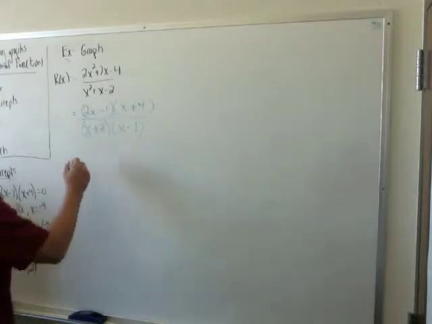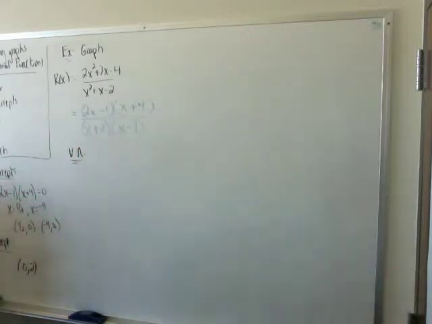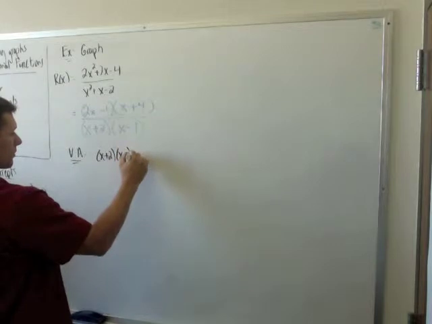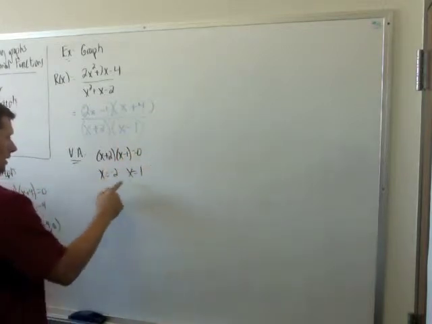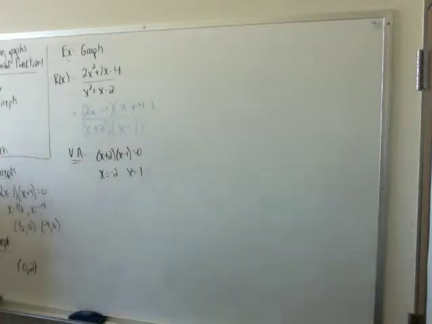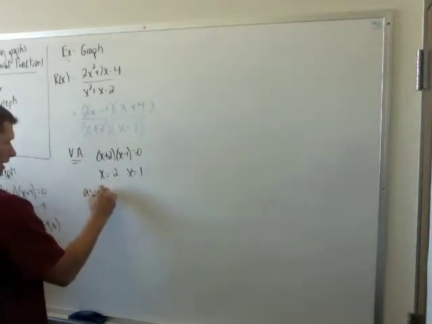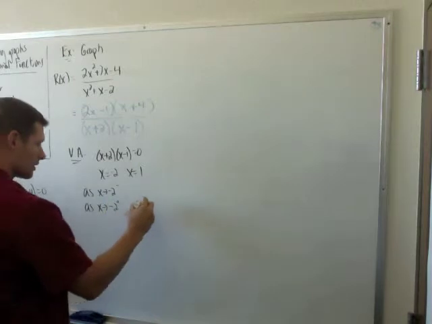Okay, fine. Let's talk about the vertical asymptotes. Vertical asymptotes are when we have our denominator equal to 0. So when x plus 2 times x minus 1 equals 0, this happens when x equals negative 2 or x equals 1. These things are my vertical asymptotes, okay? Now, as x approaches negative 2 from the left and from the right, we need to talk about that.